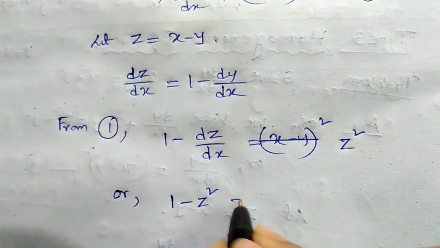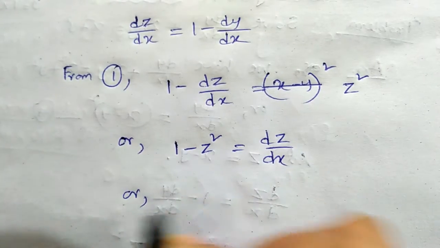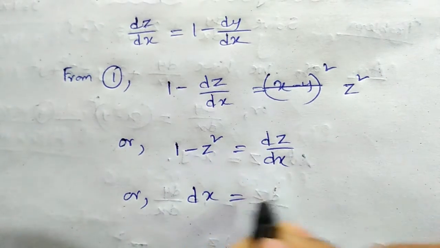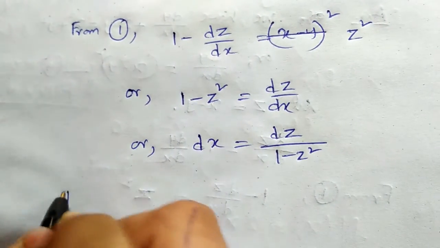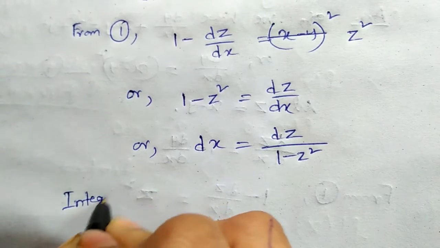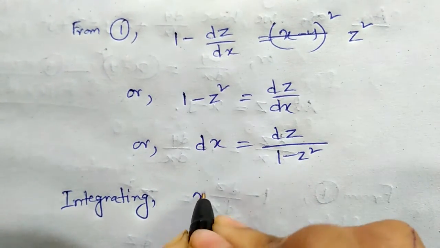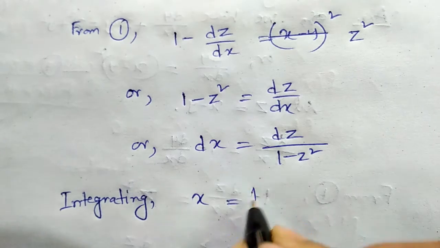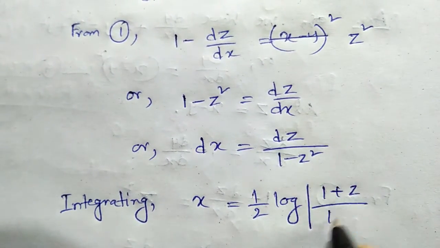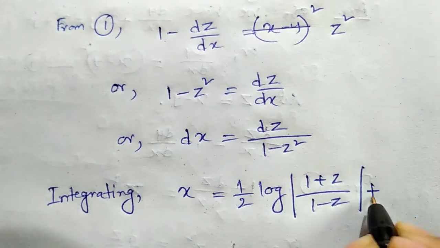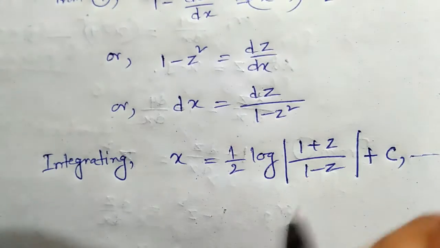Then 1 minus z square equal to dz/dx, or we can write dx equal to dz by 1 minus z square. Now integrating, we get x equal to half log mod (1 plus z) by (1 minus z) plus c, where c is an arbitrary constant.